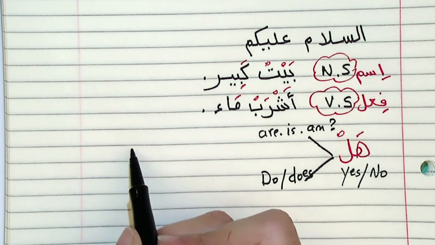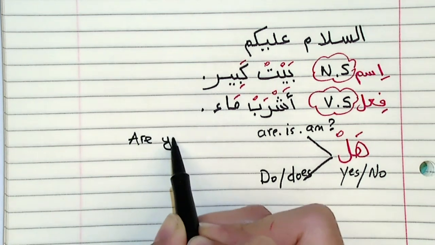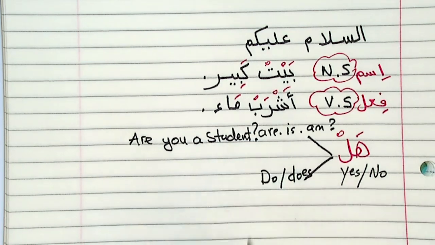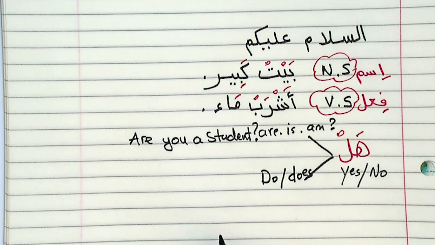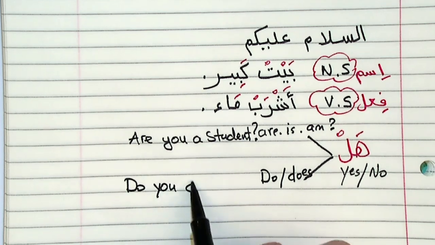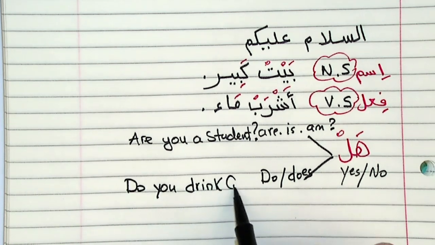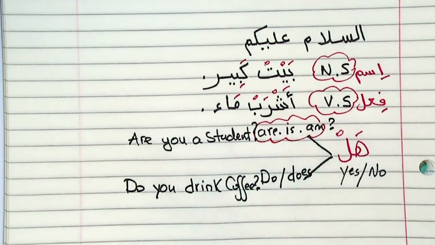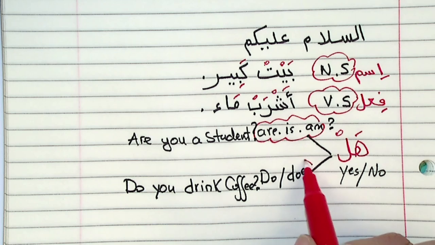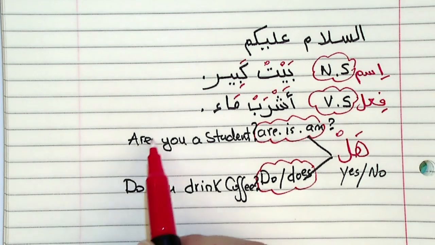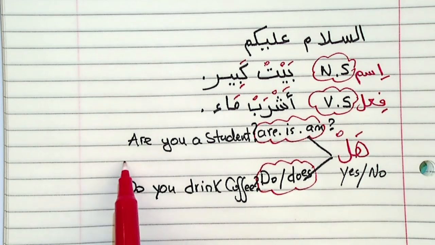For example, in English, you would say, are you a student? Do you drink coffee? So what we have here is, as I said, are, is, am, and here is the auxiliary do or does.